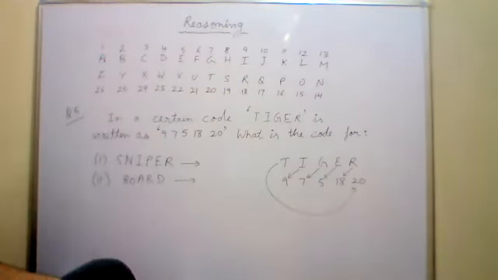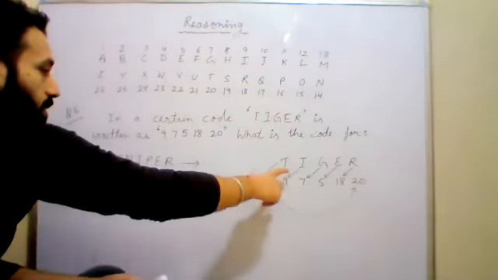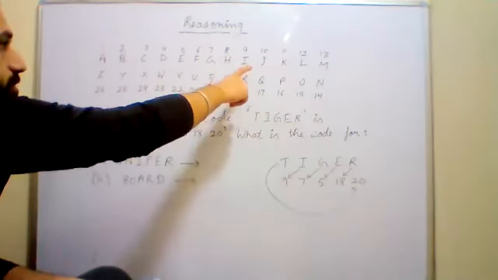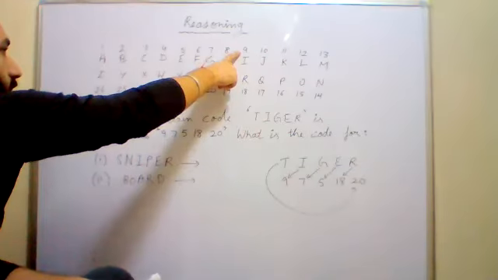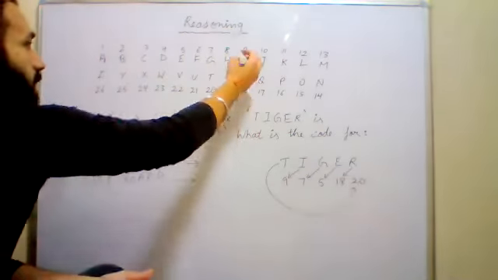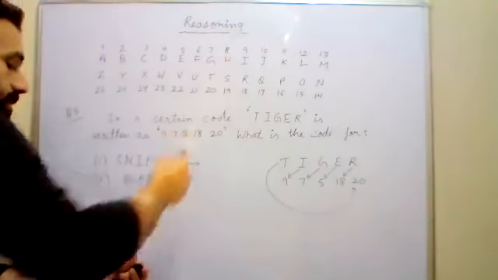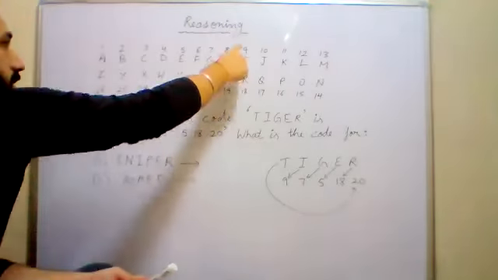Understood what is the pattern here? I don't understand, sir. Look carefully. What is the numerical equivalent of I? 9.